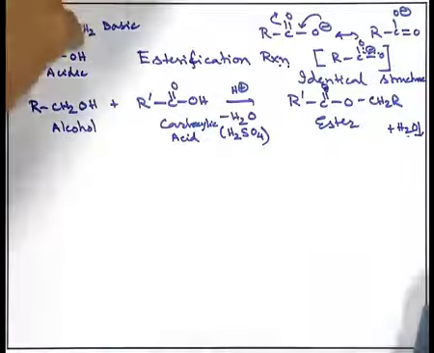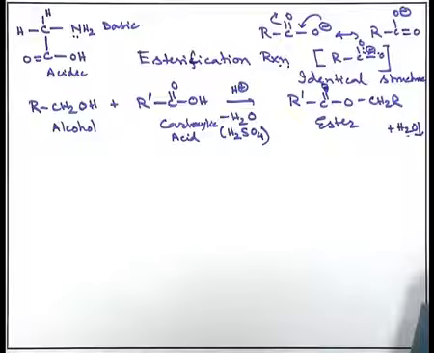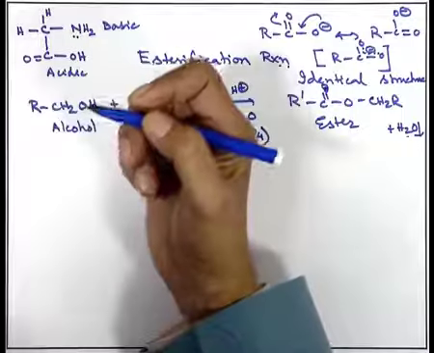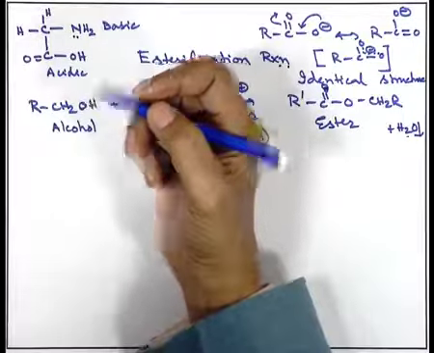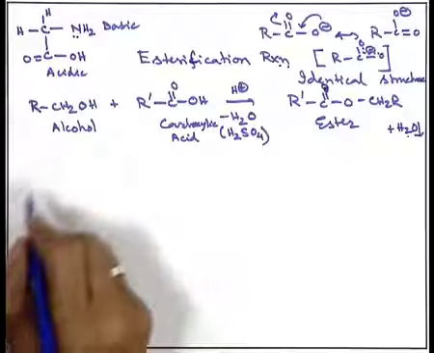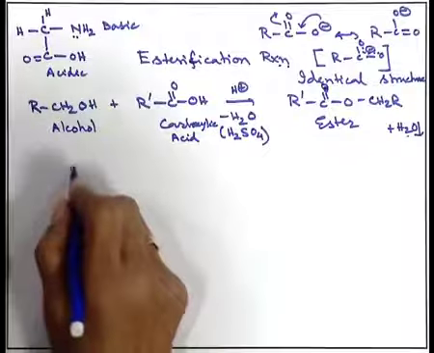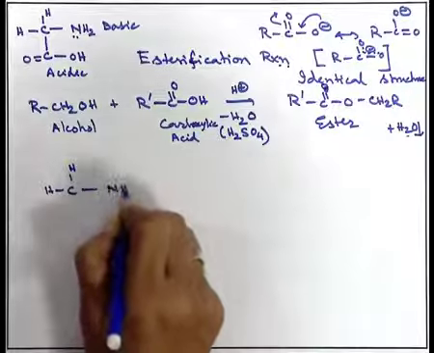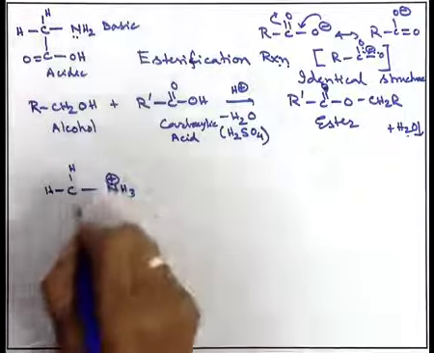But in this case, we have taken an amine and a carboxylic acid group. What can they do, because one is a basic group and another is an acidic group. One interesting feature is that acid is a proton donor, base is a proton acceptor. So, what will it form?